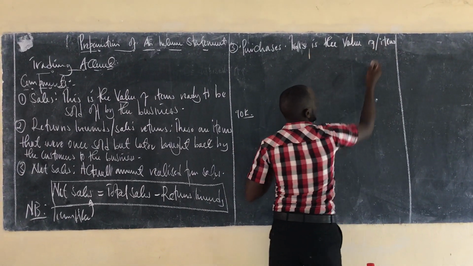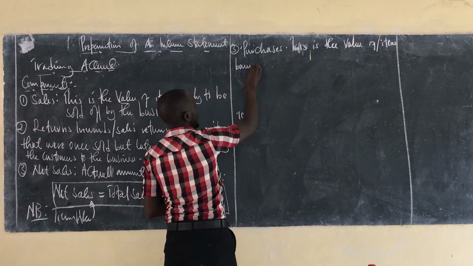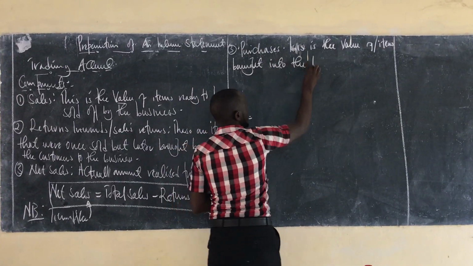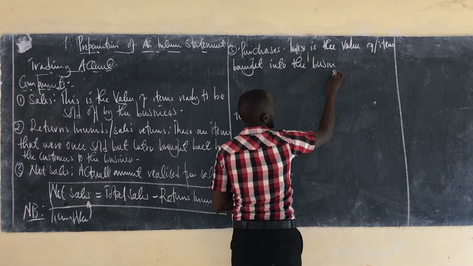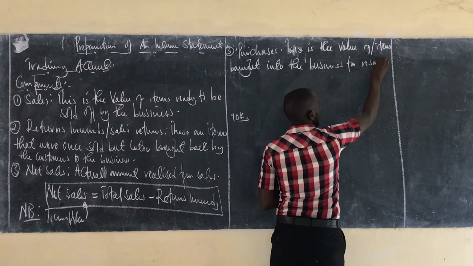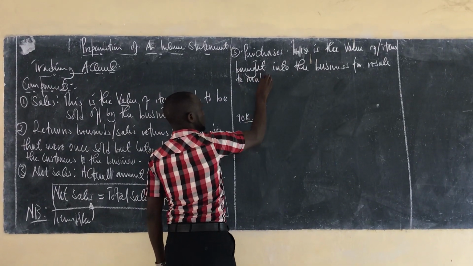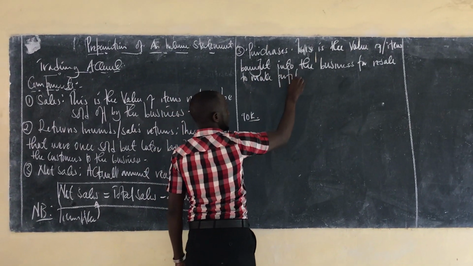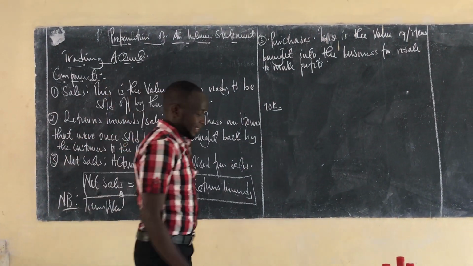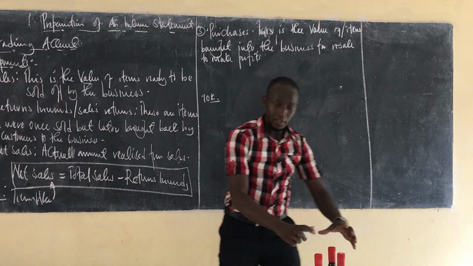Somebody can say these are items bought into the business for resale to make profits. Those are the purchases. So, look at the scenario. We'll say these are my purchases.